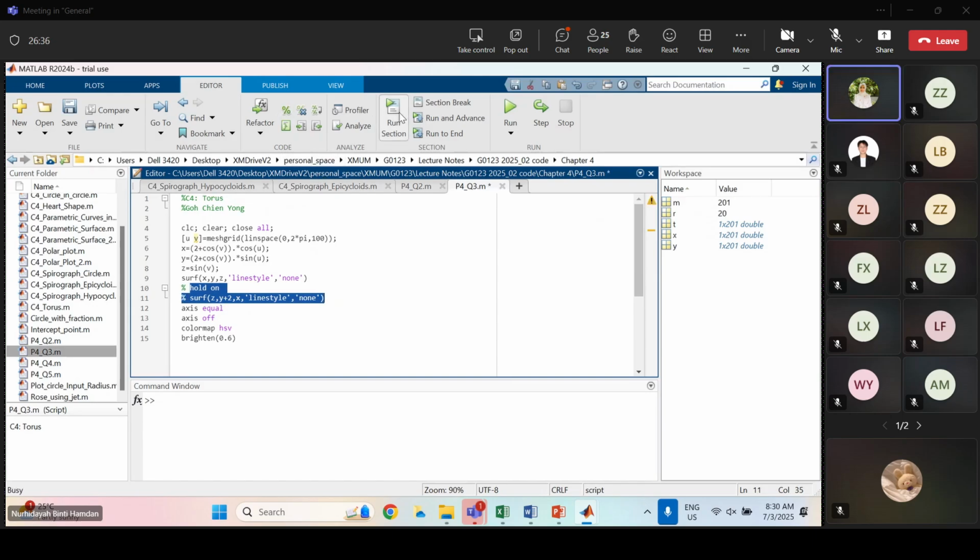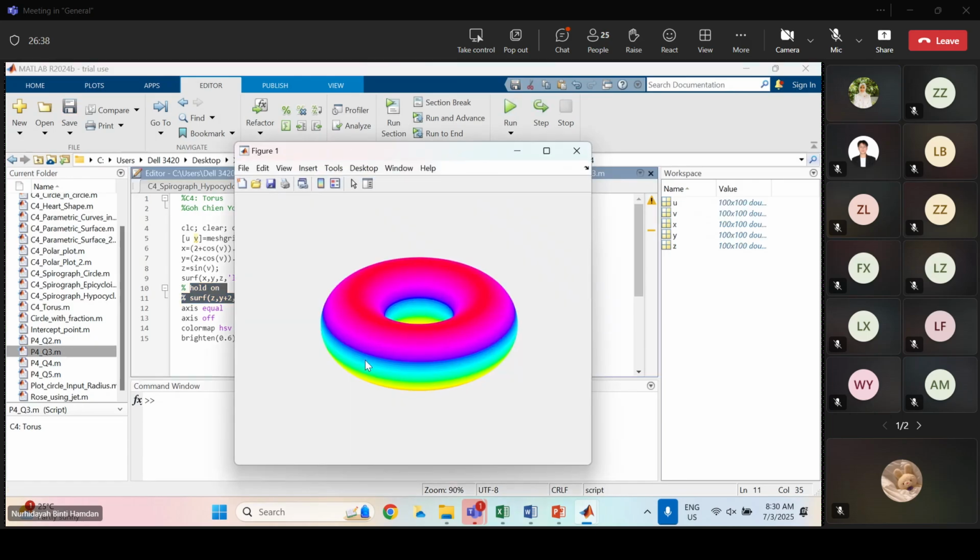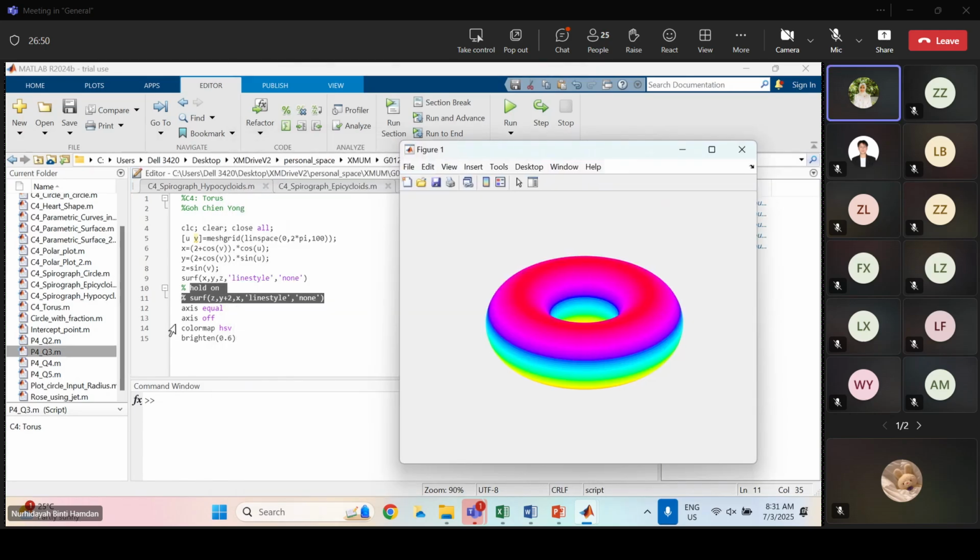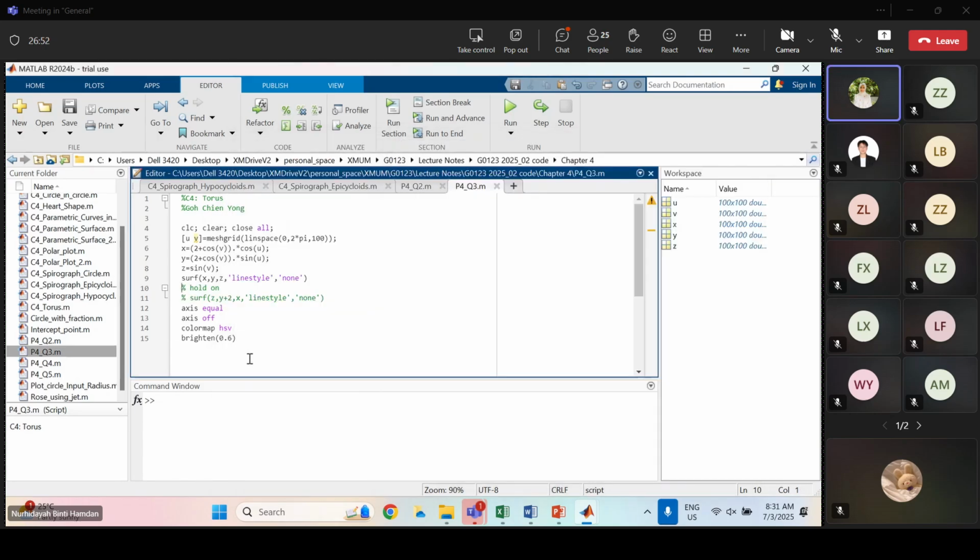So this is the first part, the horizontal donut, the horizontal ring. And we use hold on. For this one, because our ring is vertical, we start with surf Z. It's not surf X, but surf Z. Then Y plus 2.